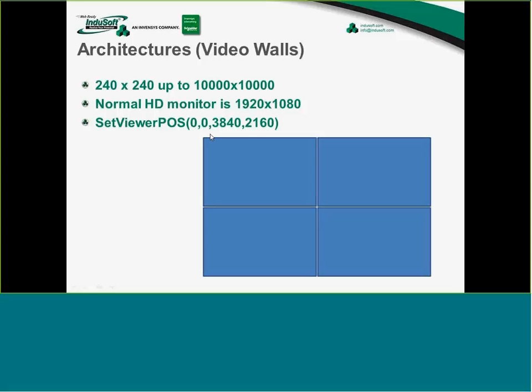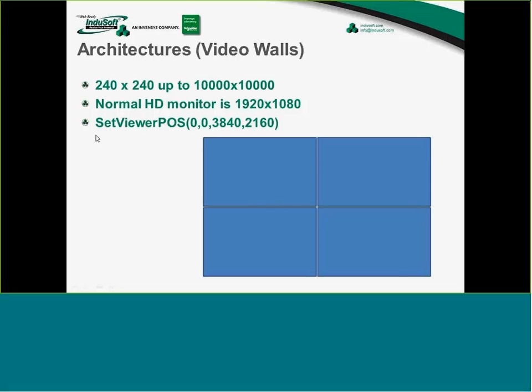Now the parameters here are the upper left corner and the lower right corner. So you multiply each of these by 2, and essentially you have the 0, 0 coordinate in the upper corner, and the lower right-hand corner would be 3840 by 2160. Hopefully I did that math correct. And then it would set the viewer to span across all of those, and then you could put screens on there that would either take up the whole width of all of those or portions of those, and you can segment that how you want to.